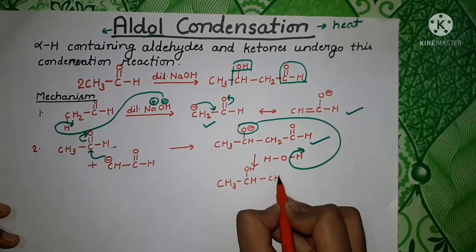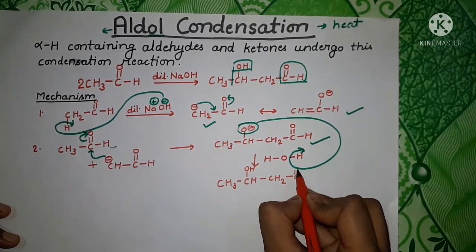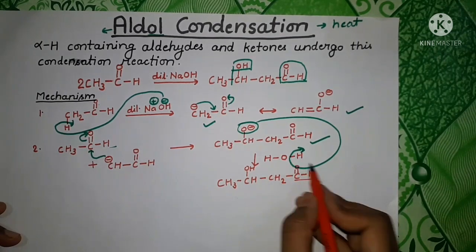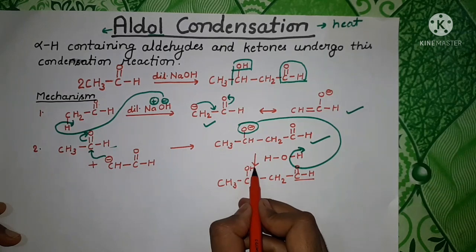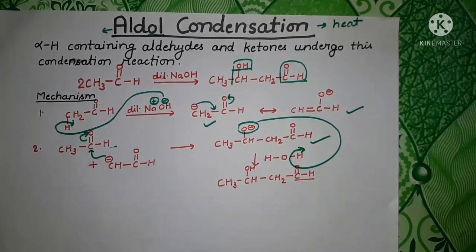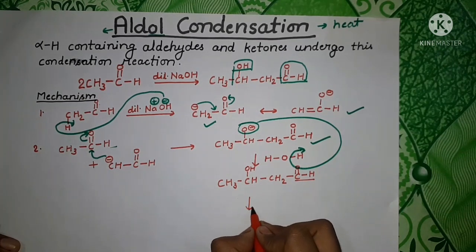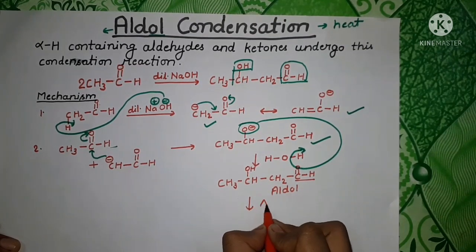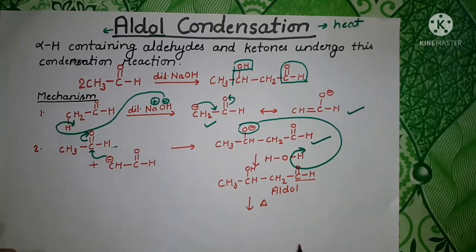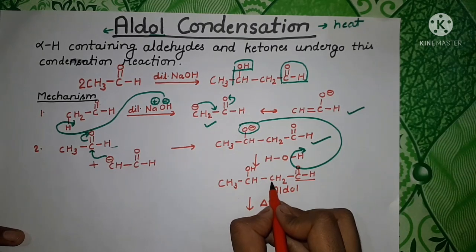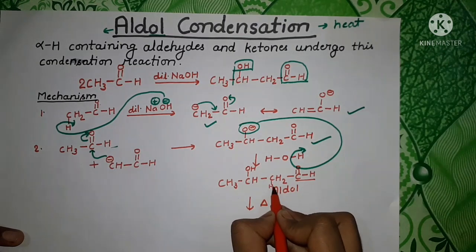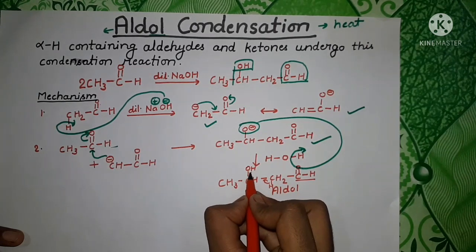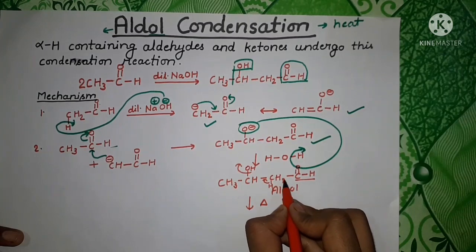As I have told you already, in case of aldol, there is one carbonyl functional group and a hydroxyl functional group present. This is aldol, and during condensation, the hydrogen from this carbon and the hydroxy group will leave out.